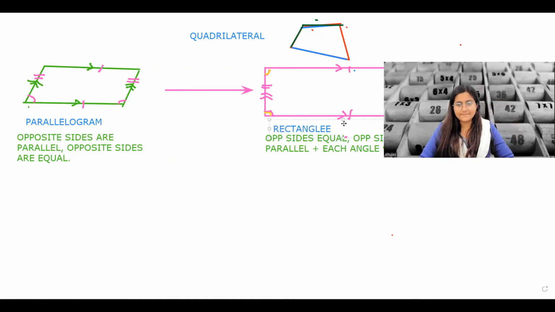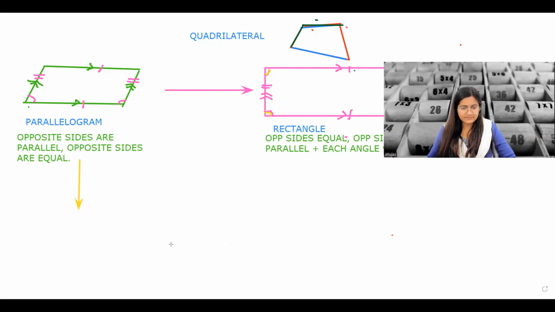Okay, now we are going to use the same parallelogram here only. In this parallelogram, we will make the sides equal.